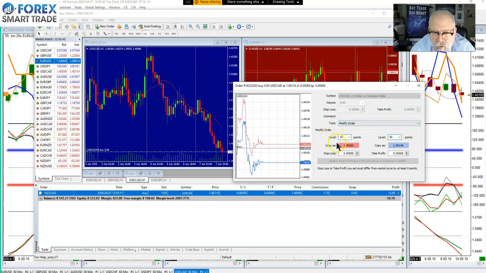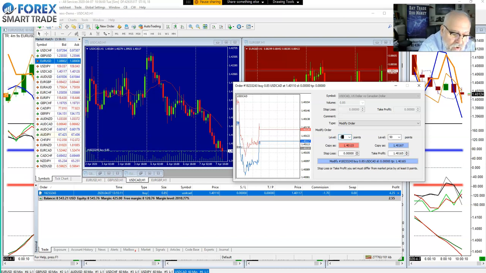This part of the program will do the math for me. So if I put 5 in here to tell it 5 pips, it's asking for the data in points. To convert pips to points, I just add a 0. If I click the little blue copy as button, it does the math and puts it in down here for me. And for now, as a new trader, we're going to have you use 4 times whatever your take profit is for your stop loss.